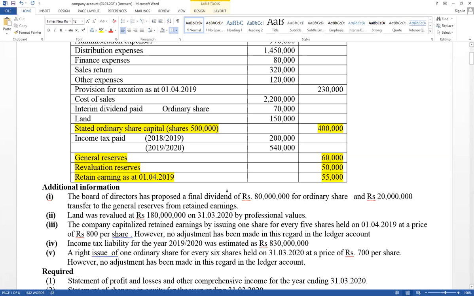You have to disclose it. For that, you have to prepare a separate note. For proposed dividends we only write a note, we cannot adjust. That is a non-adjusting event based on LKAS 10 events after the reporting period. But transfer to the general reserves 20 million should be adjusted.